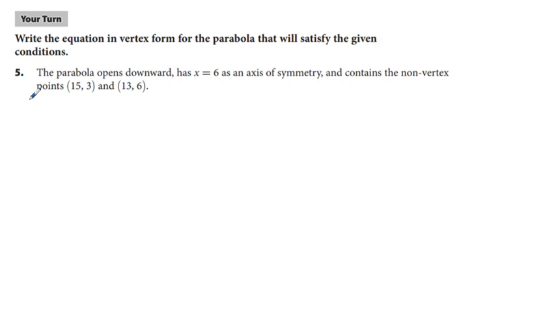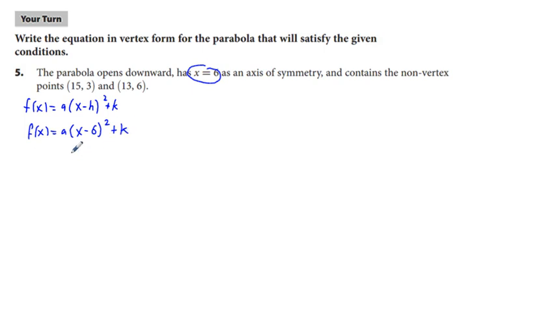I'm just going to write the standard form first. f of x equals a times x minus h squared plus k. And in this instance, we know we have x equals 6 as an axis of symmetry. So we're going to have f of x equals a times x minus 6 squared plus k.